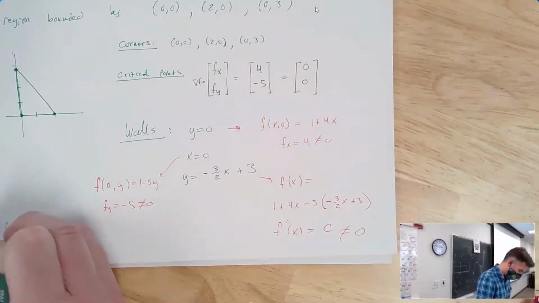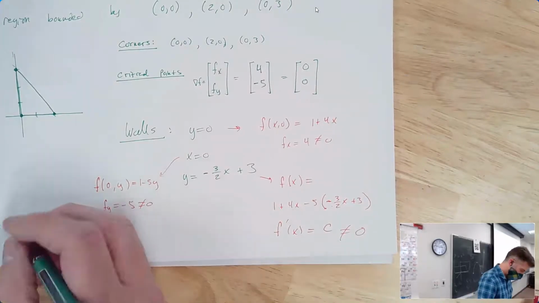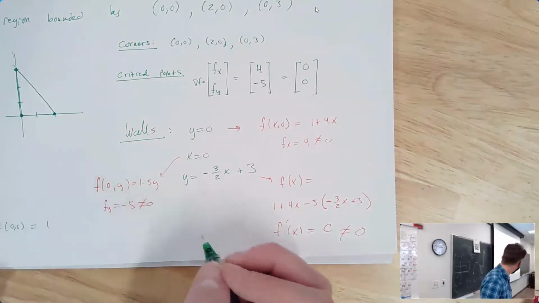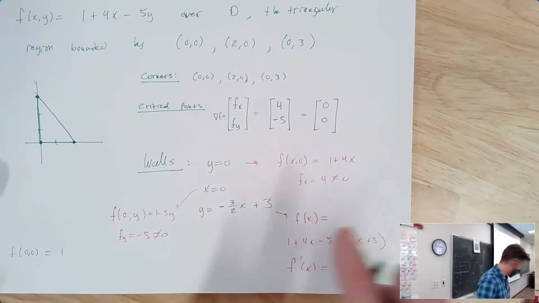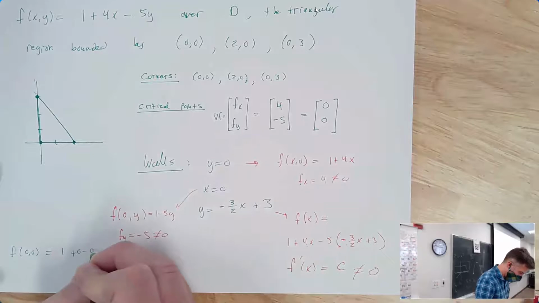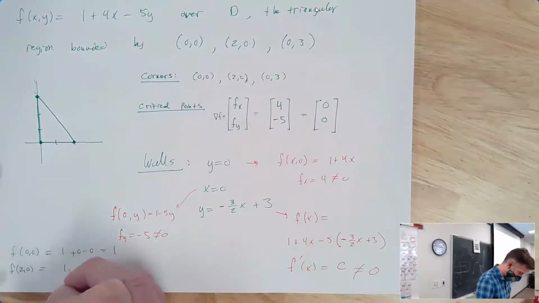F of 0, 0 is 1. Sorry, you guys can't see the function. There's the function up there. It's 1 plus 0 minus 0. F of 2, 0 is going to be 1 plus 8 minus 0, which is 9.